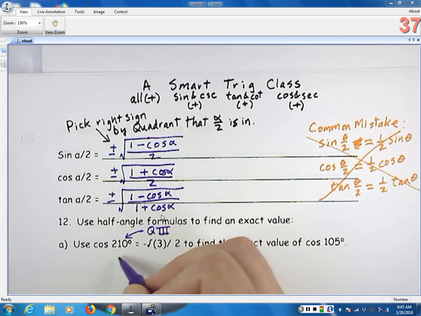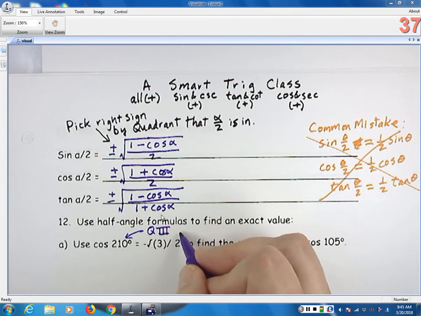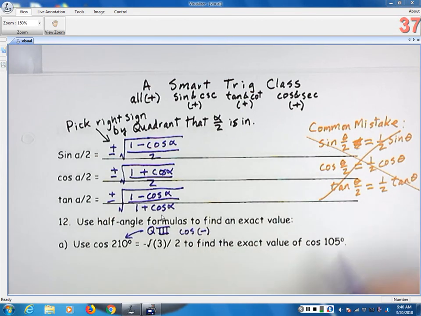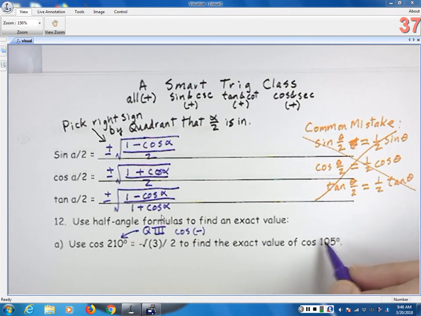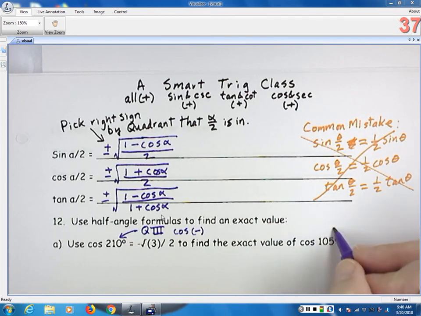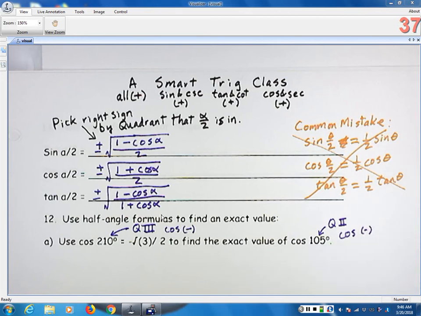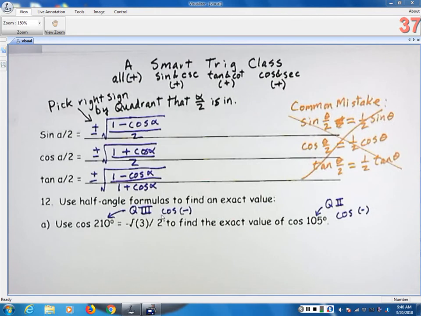In quadrant 3, cosine is negative. 105 is in quadrant 2. The cosine there is also negative. You have to notice that.